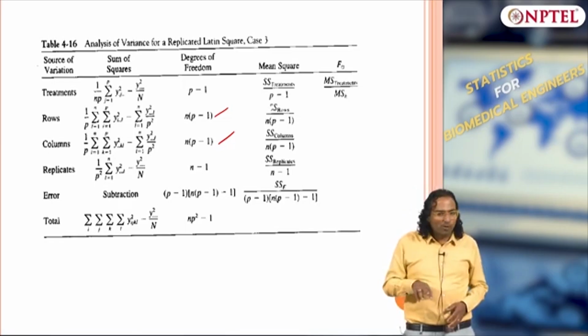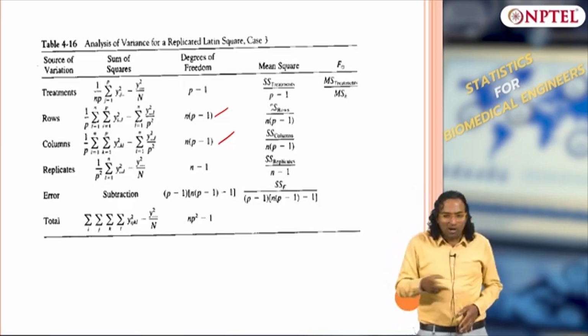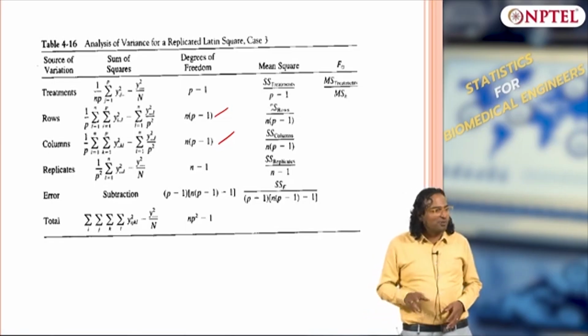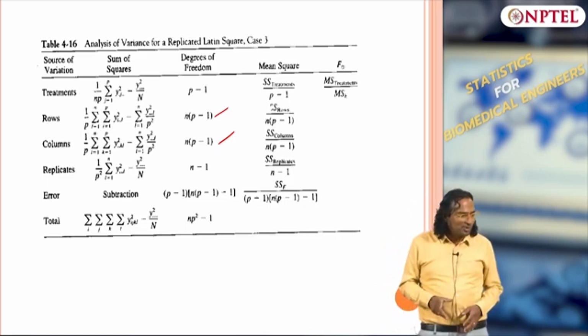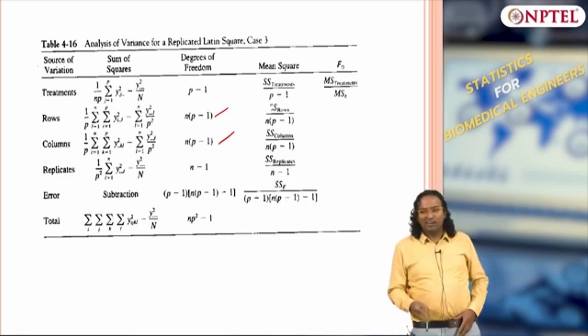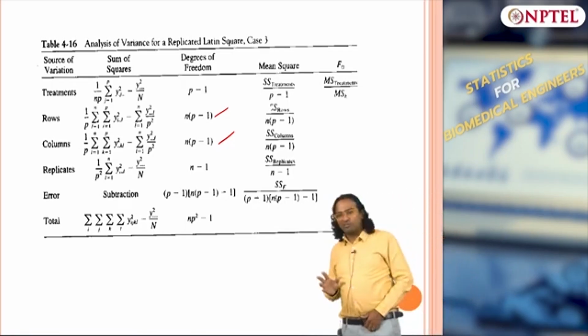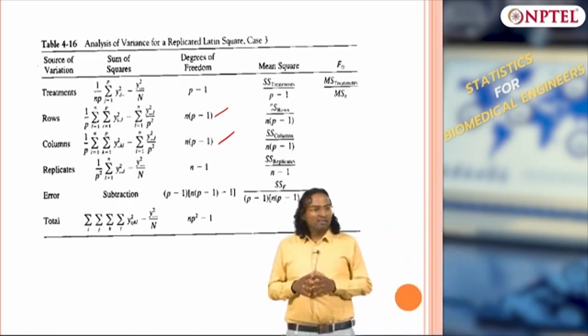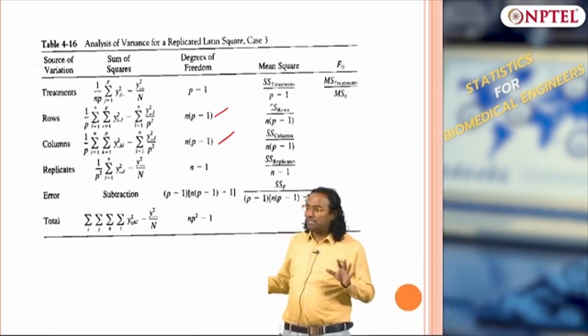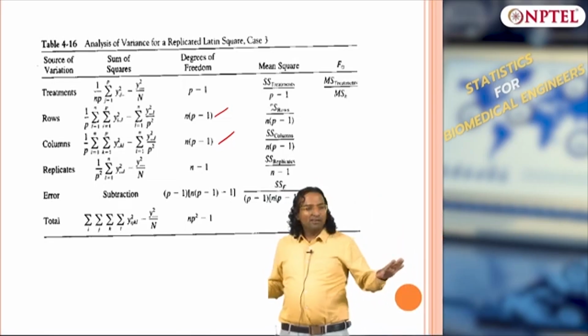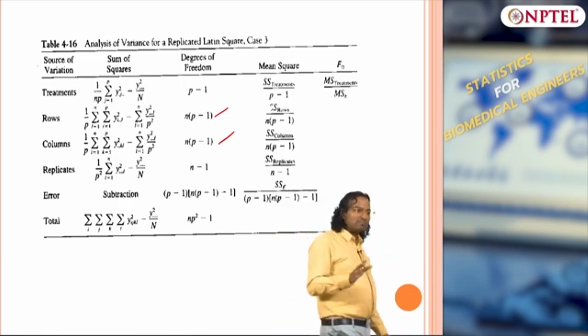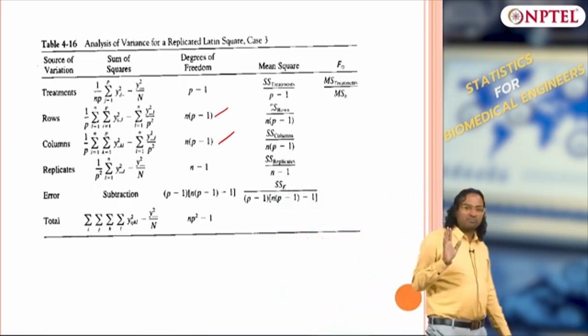You can keep one constant and 2 others varying, 2 constant and 1 varying, all the 3 C2 combinations will come. Here it is a simple Latin square where there are only 2 nuisance factors. So either you replicate exactly or you do not replicate one of them or both of them, clear.